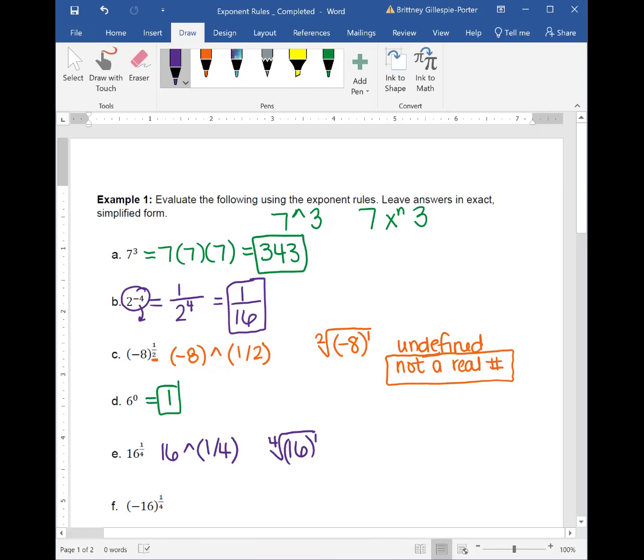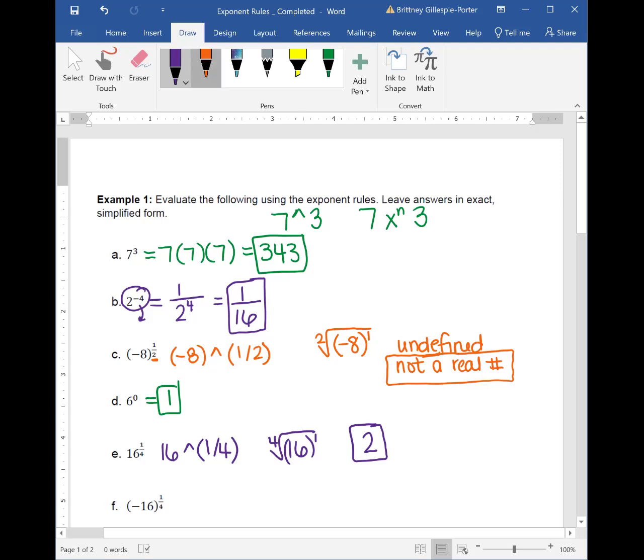I don't care how you put this into your calculator, but you should be getting 2, because if we take 2 times itself 4 times, so 2 times 2 times 2 times 2, you should get 16. So 16 to the 1/4 gets us back to 2.